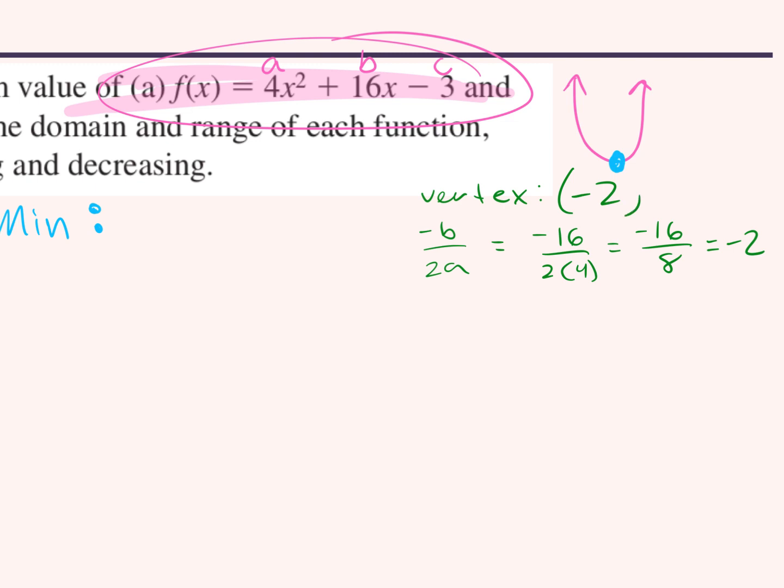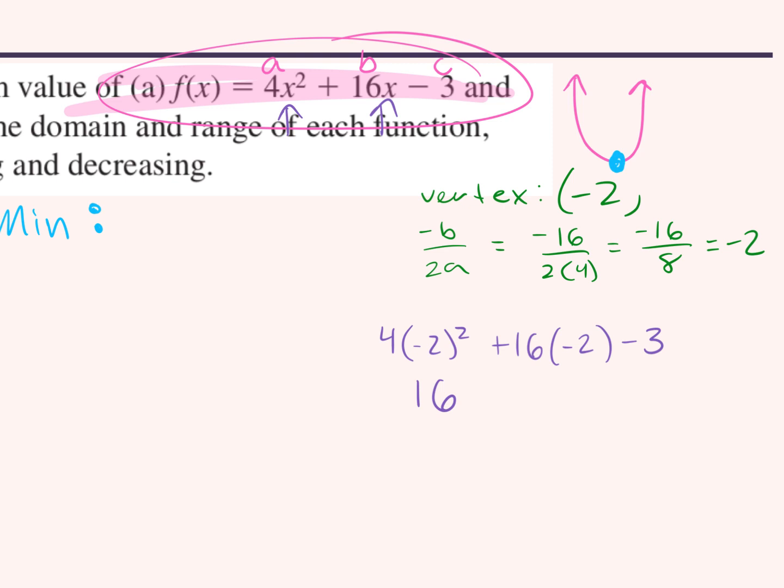Is that my k? No. How do I find k? Plug it in. Got to plug it into the x's. So 4 times negative 2 squared plus 16 times negative 2 minus 3. So negative 2 squared is 4, and 4 times 4? 16.